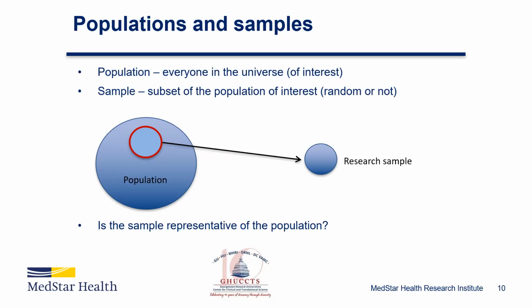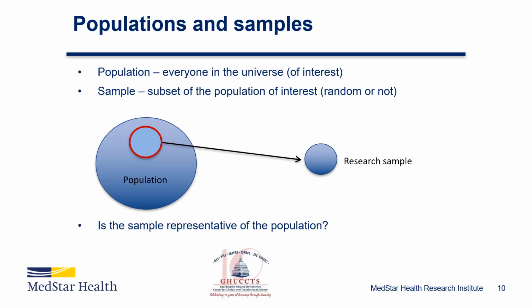So if your interest is in all males over the age of 75 with prostate cancer, and you want to do research on that population, you draw a sample, or subset, of the population of interest.